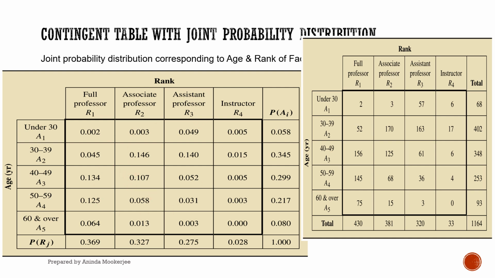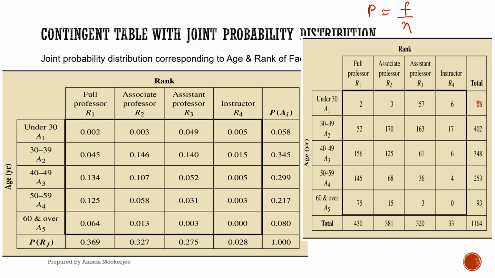Again, same formula, f over n. To calculate each probability, we use that same formula, which is f over n. Now, n, we said, is the sum total of all these values.